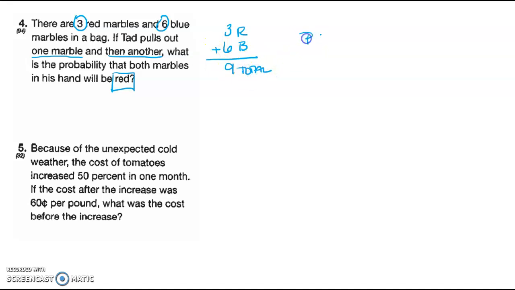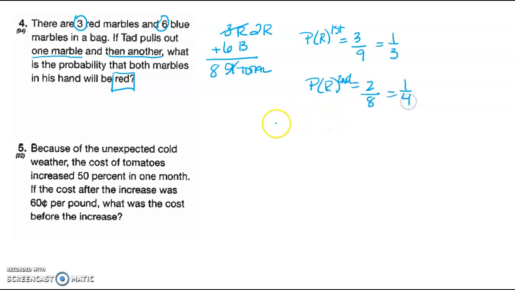The probability that the first marble will be red is going to be 3 out of 9, which is 1/3. Once I've pulled that first marble, this becomes 2 red, and this becomes 8 total. So the probability that the second marble will be red is 2 over 8, which is 1/4. So the probability of 2 red marbles is 1/3 times 1/4, which is 1/12.